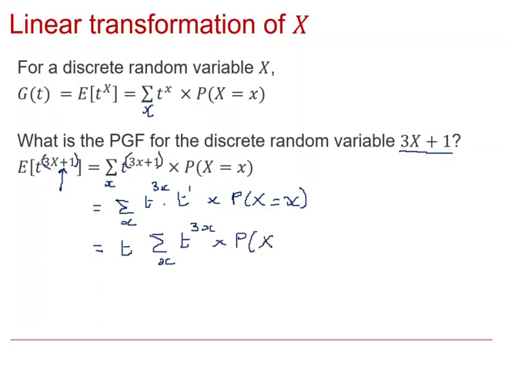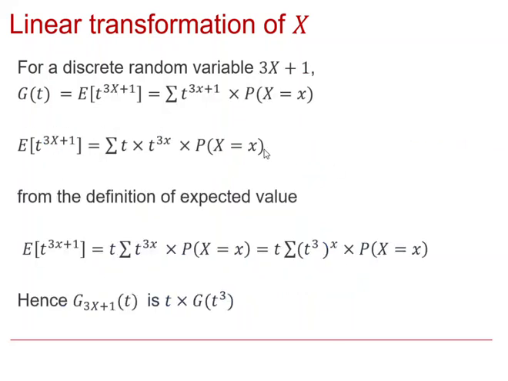We simply end up with t to the 3x multiplied by the probability our random variable takes the particular value, and that can be regarded as t cubed to the power x. t to the 3x is t cubed to the power x using rules of indices, multiplied by the probability our random variable takes that outcome. So how could we simplify that and generalize it?